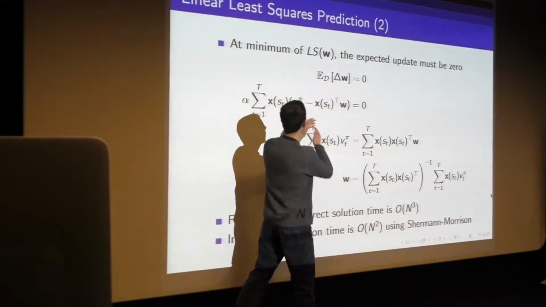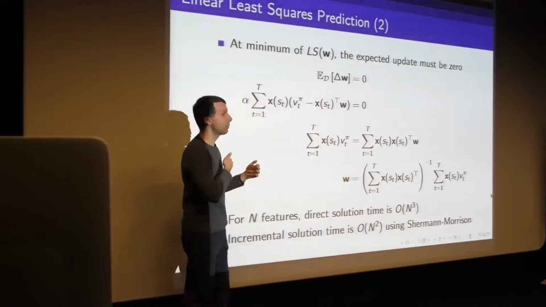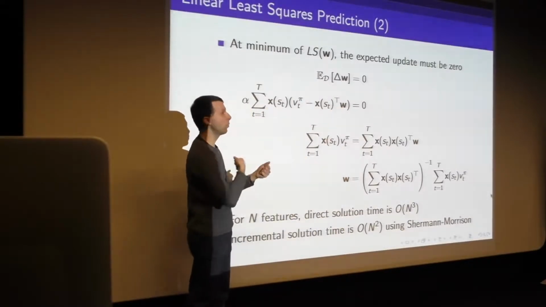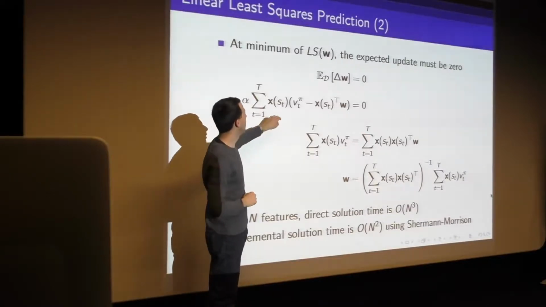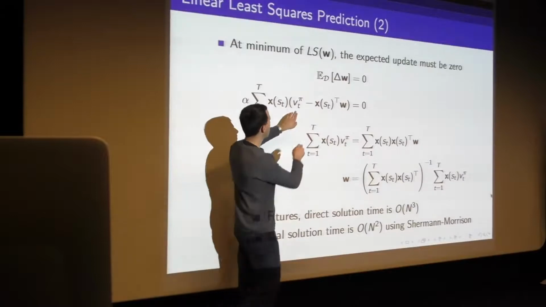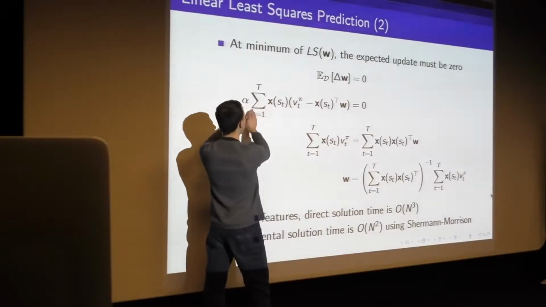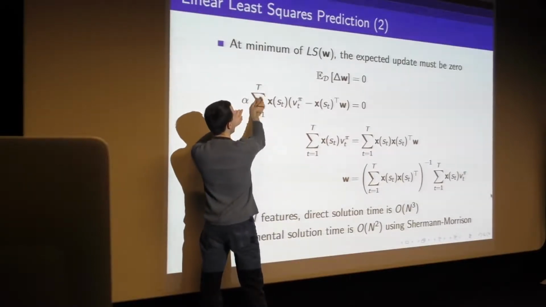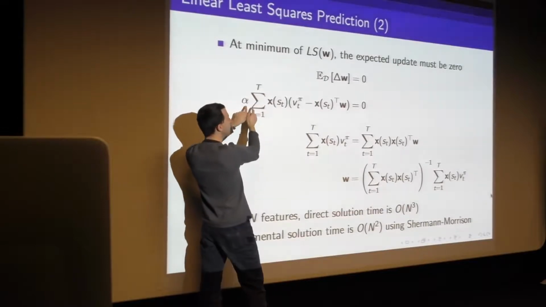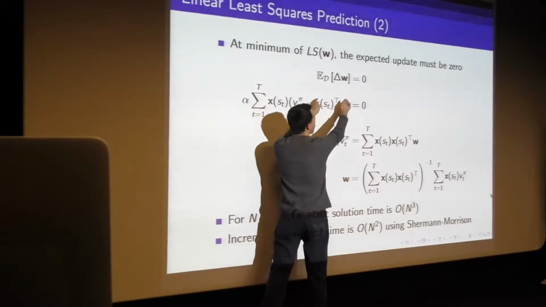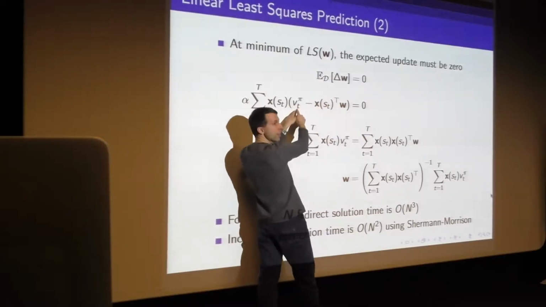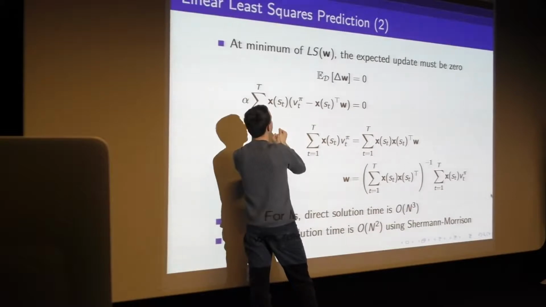So if we unwrap the expected update and look at the update that we're making over a whole data set, like how are we adjusting the weights over a whole data set, for each sample, this is our update. For each time step, we're moving a little bit in the direction of the step size times the error between our linear function approximator and the oracle, multiplied by the feature vector.